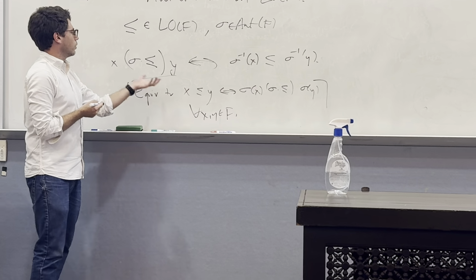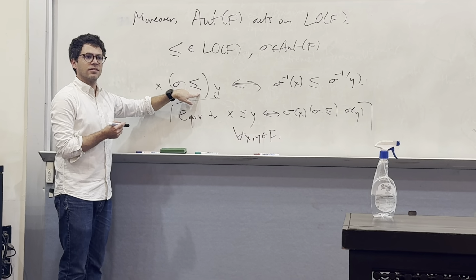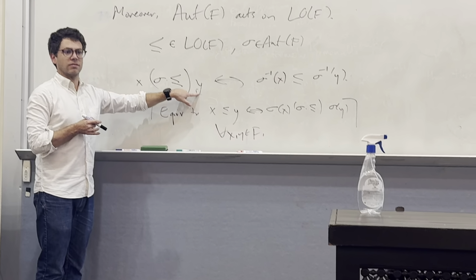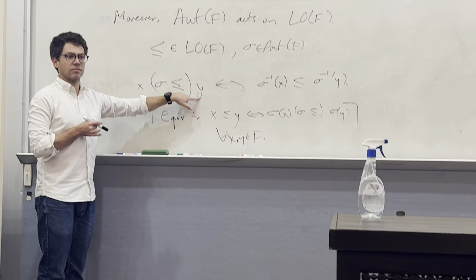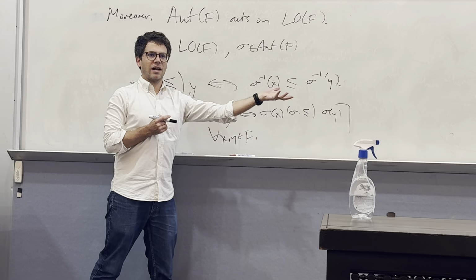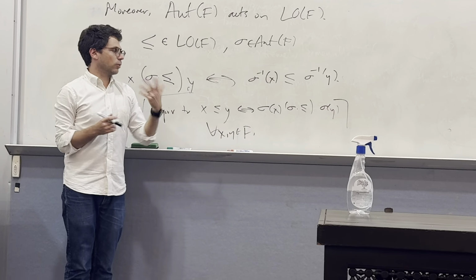So in order to tell you what the linear order sigma-dot less than is, I just need to tell you which pairs it declares to be less than in that relation. And the point is that you look at the elements that are in the relation less than, and then you just push them forward by sigma. And that gives you the new relation. So if you think about the arbitrary linear order that we took as a set of pairs, you just apply the automorphism to each one of those pairs, and that gives you a different linear order.